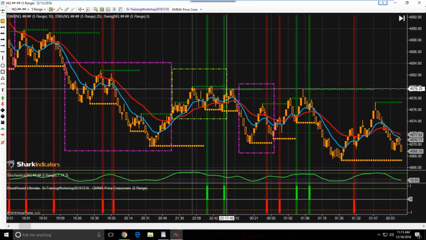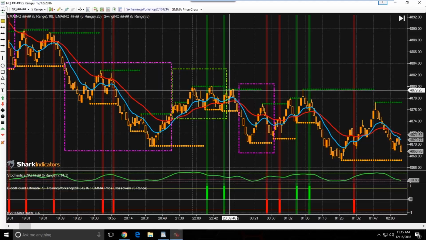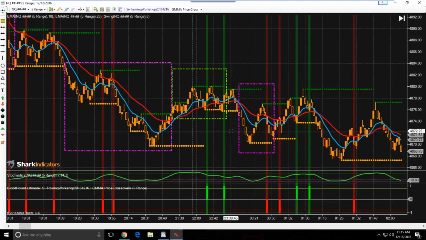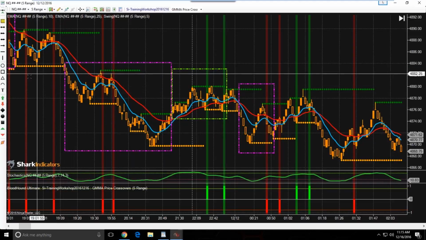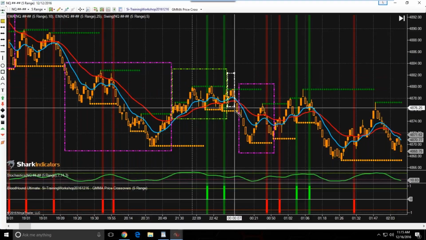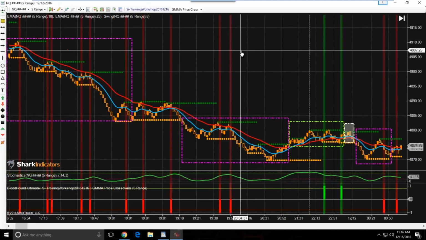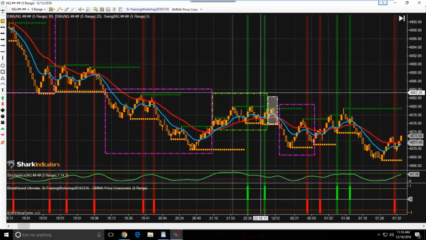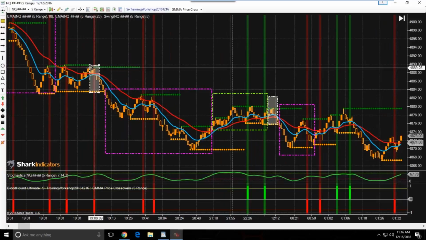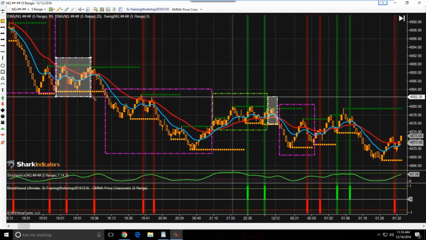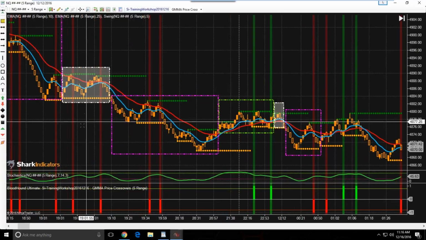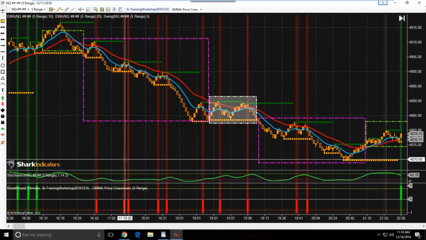A lower high was made, so that would end that. All right, so we do have some areas of consolidation. A couple of areas of consolidation, yeah. Something like that. All right.